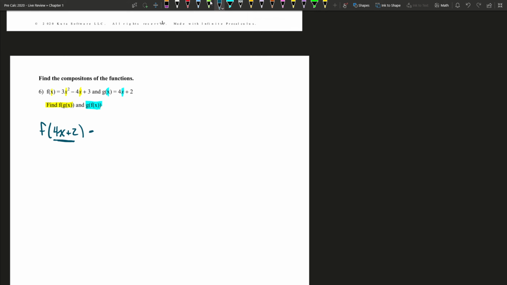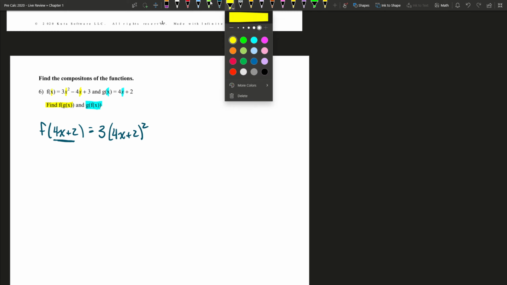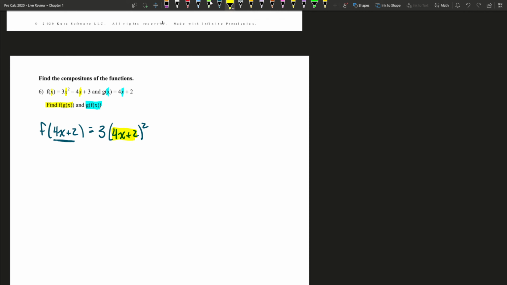So this will equal 3 times 4x plus 2 squared, that's our new input, minus 4 times 4x plus 2, again that's our new input, and then we have to add 3 on the outside. That right there will get you most of the credit, though I would expect you to simplify, or at least half of the credit.